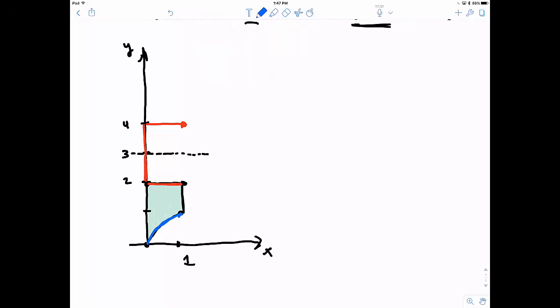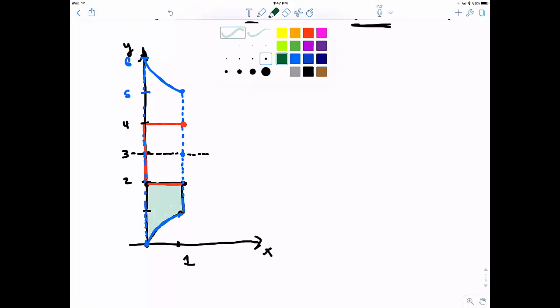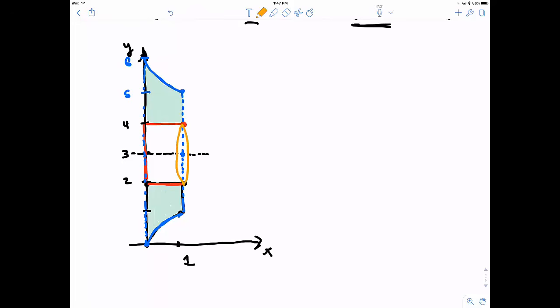And if I took this blue line and rotated it around y equals 3, it's distance 2 up here, so that'd be distance 2 away at 5. And it's distance 3 away down here, so that's going to be distance 3 away up here, 6. That's what the blue line would look like if I rotated it up just 180 degrees, kind of a mirror image about the line y equals 3.